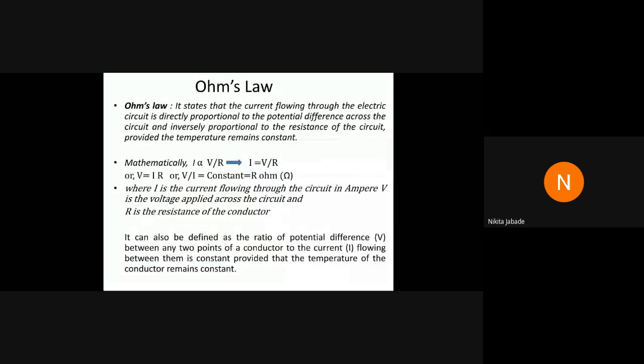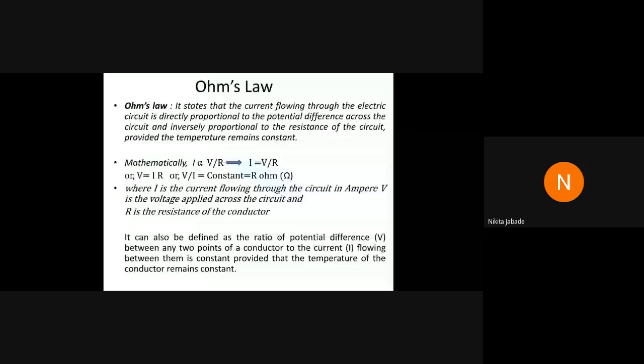It stated that the current flowing through an electric circuit is directly proportional to the potential difference across the circuit and inversely proportional to the resistance of the circuit, provided the temperature remains constant. So mathematically we can write I is proportional to V by R, that is actually I equals V by R, provided we take unity as the value of all the parameters.